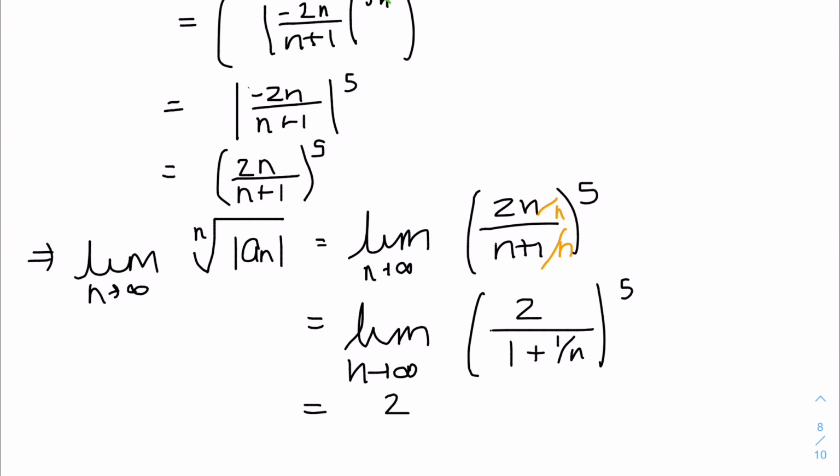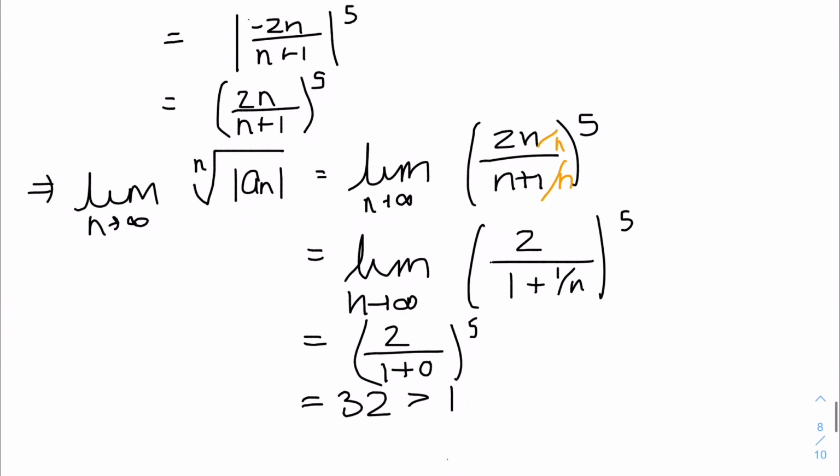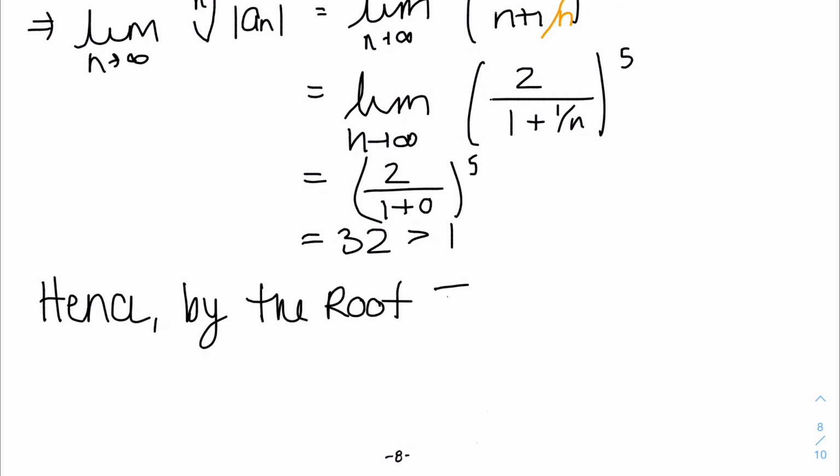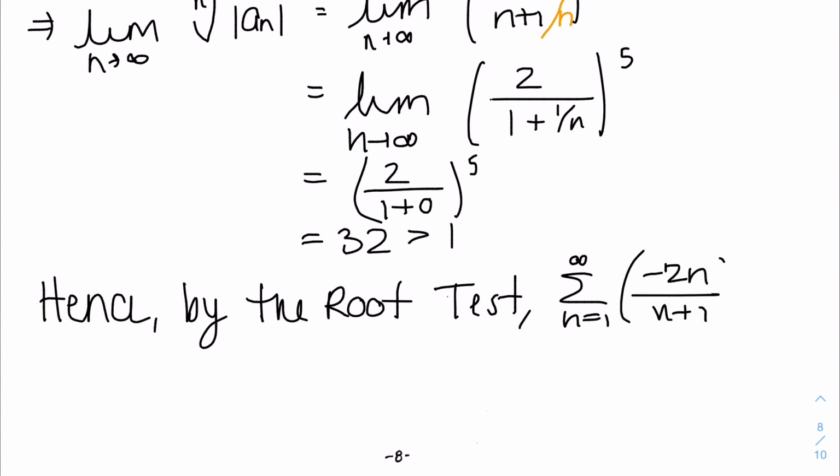So this goes to 2 over 1 plus 0 to the 5th. So that's 2 to the 5th, which is 32. That's definitely bigger than 1. So what we can say is this is divergent by the root test. So hence, by the root test, the sum from n equals 1 to infinity of negative 2n over n plus 1 to the 5n diverges.